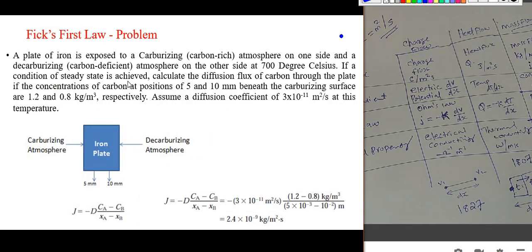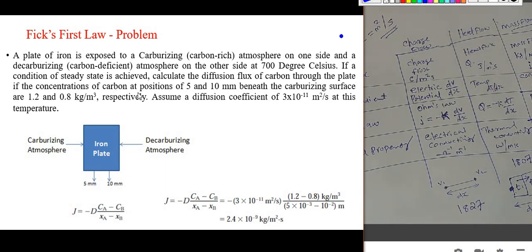Based on this we have a problem based on Fick's first law. Here we can see an iron plate, and this is a carburizing surface, that means we introduce some carbon particles in this area, and this is a decarburizing surface. So there will be a concentration difference across this iron plate.